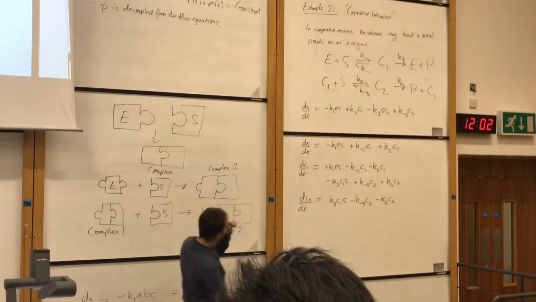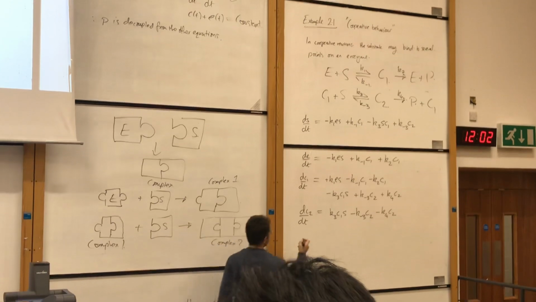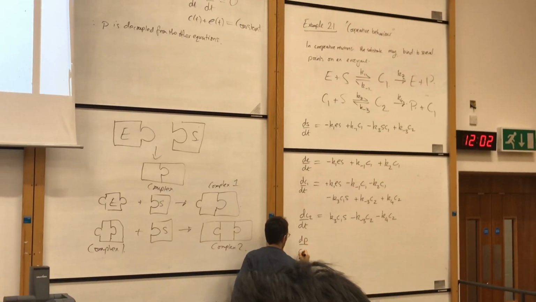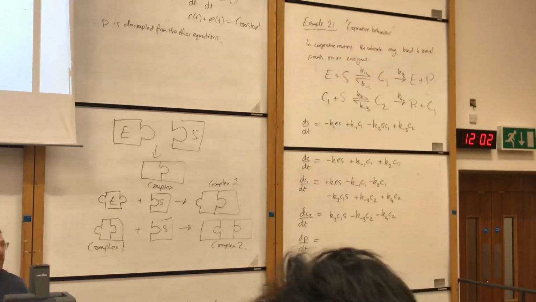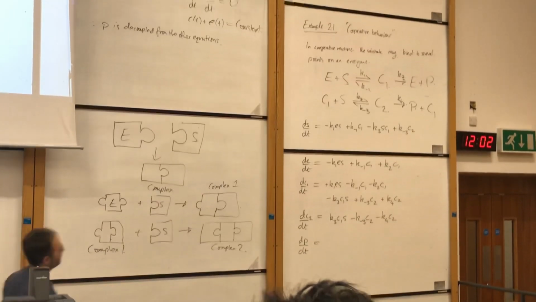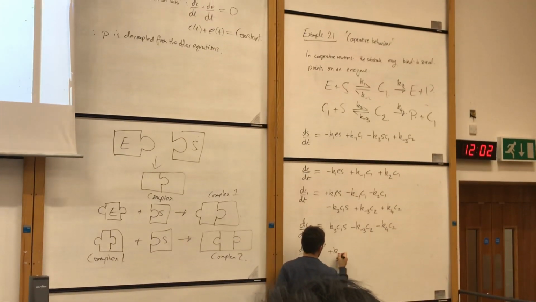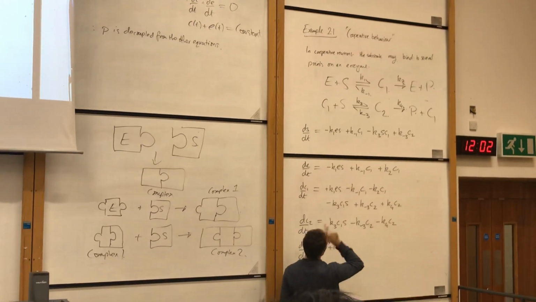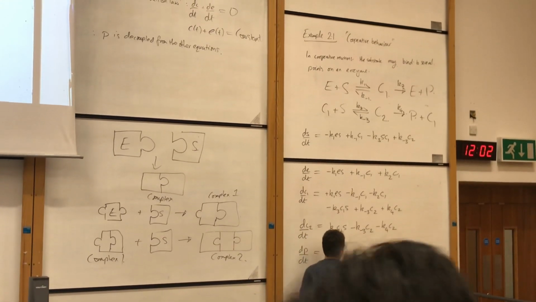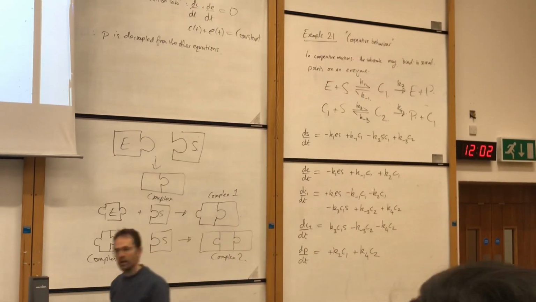And finally, my equation for P, dP by dt. P is the product. It's only ever created at the very end step. C1 releases the enzyme and the product, so it's going to have a plus K2 C1, and it's also created at the end of the second sequence, plus K4 C2.